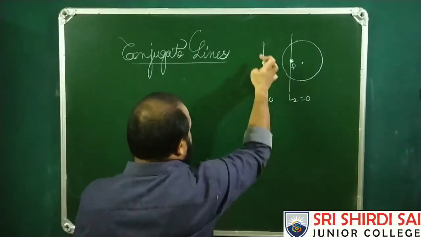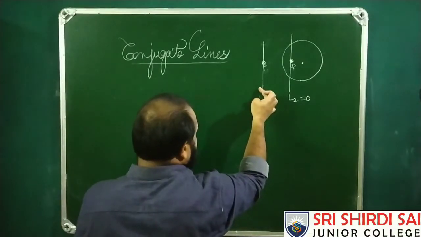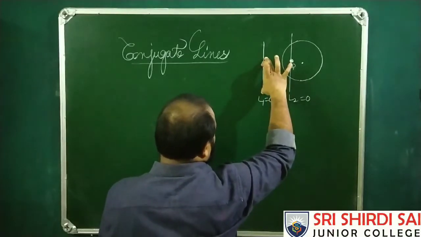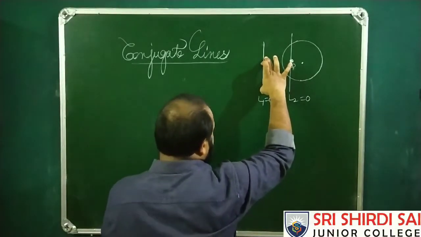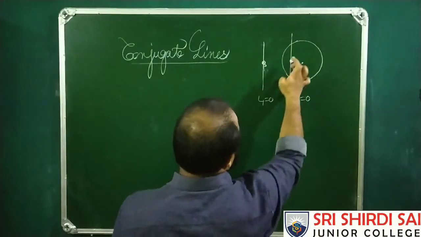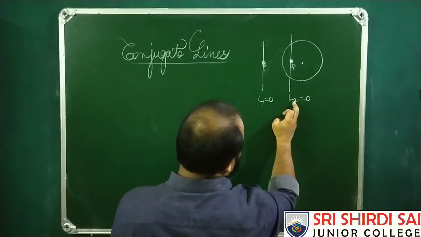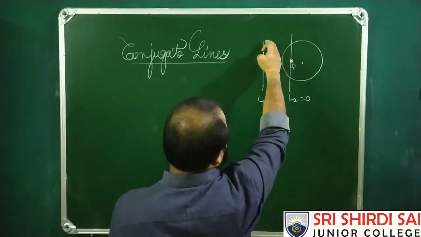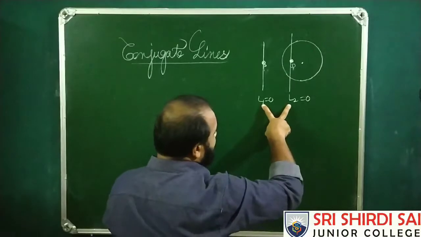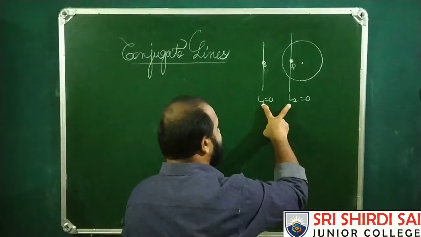If it is a line, it has to have a point, right? So for this L1 equals to 0, the pole of L1 equals to 0 lies on L2 equals to 0, and the pole of L2 equals to 0 lies on L1 equals to 0. Then the lines L1 equals to 0 and L2 equals to 0 are said to be conjugate lines.